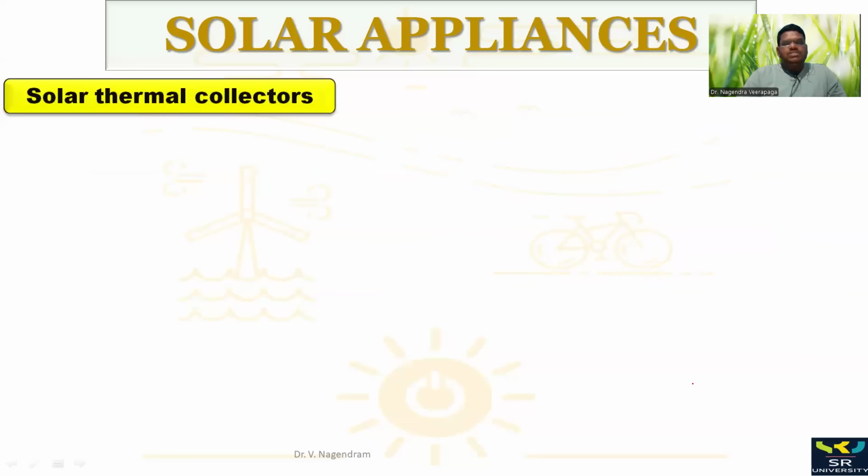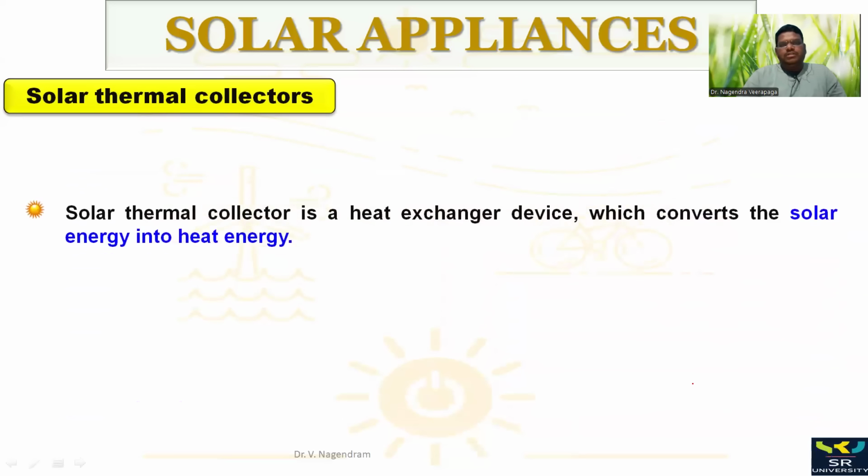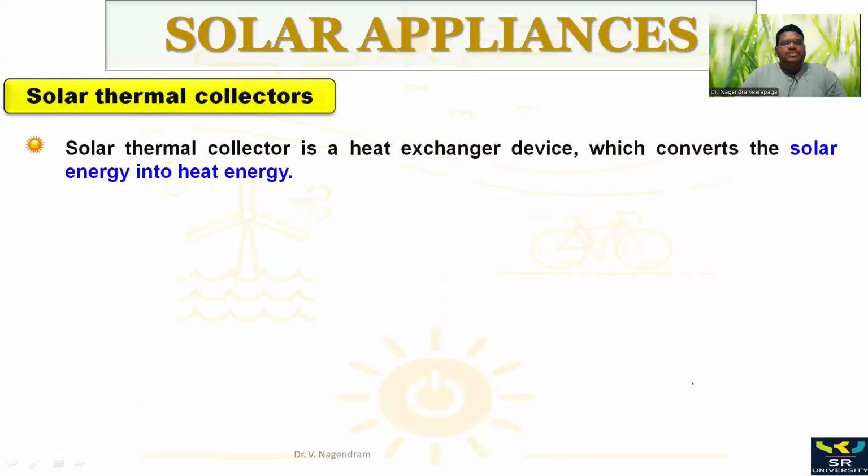So basically, what is the solar thermal collector? Now we can define it. We are collecting the heat from the sun and transferring it to the water, so we are exchanging the heat. How are we exchanging it? Using a device.